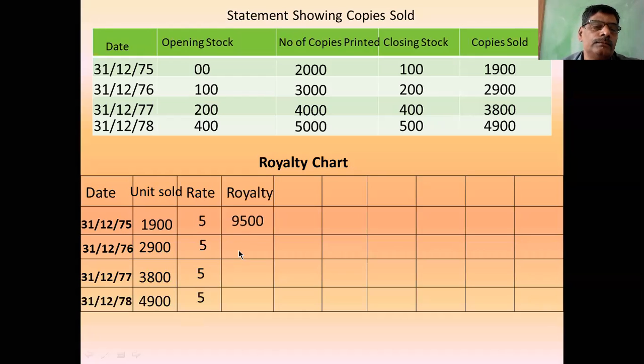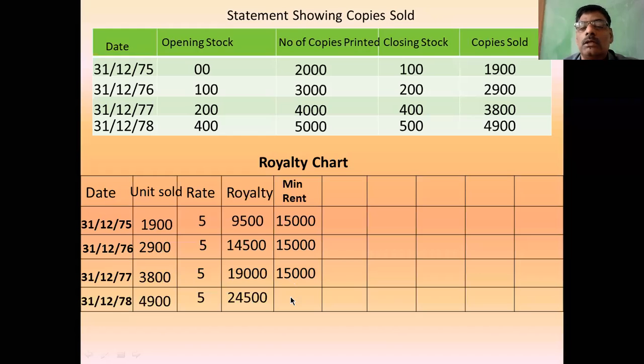9,500, 14,500, 19,000, and last 24,500. Next is minimum rent. Minimum rent is 15,000 in the first year, second year, third year, and fourth year. Now we calculate the excess.